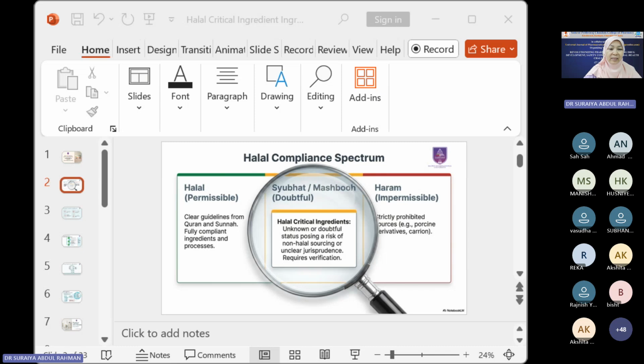In between, there are shubha or doubtful ingredients. The majority of halal critical ingredients fall under this category because the source of the ingredient is usually unknown or doubtful, since some ingredients used in cosmetics and pharmaceuticals may come from animals as well as from plants. So they fall under critical ingredients because their status is doubtful.